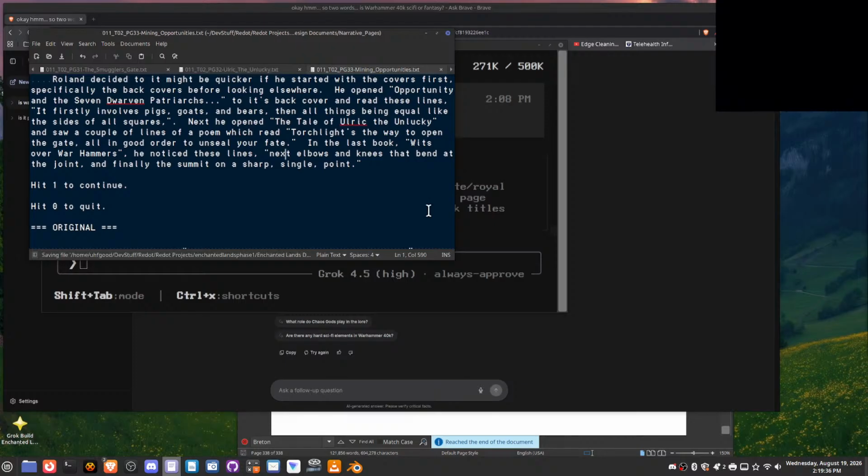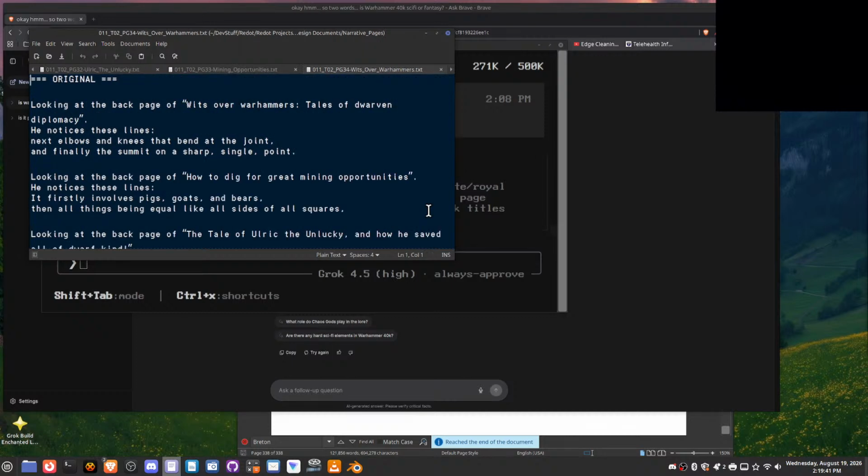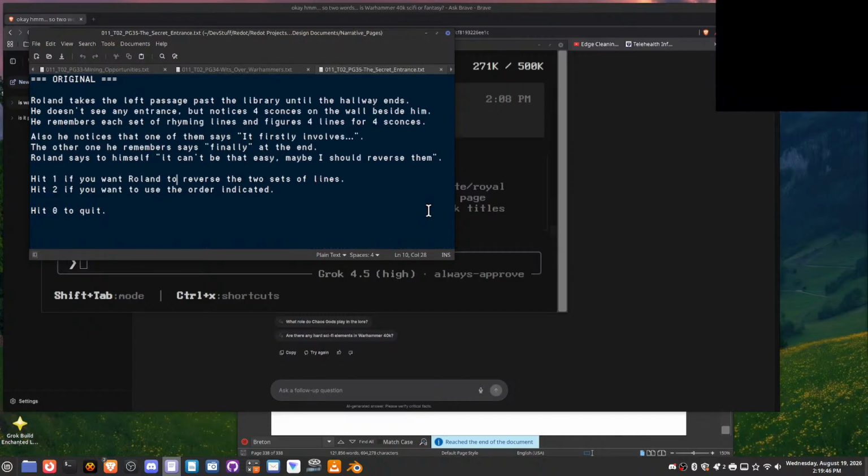Okay. And then this one is Wits, Opportunity and Orc.